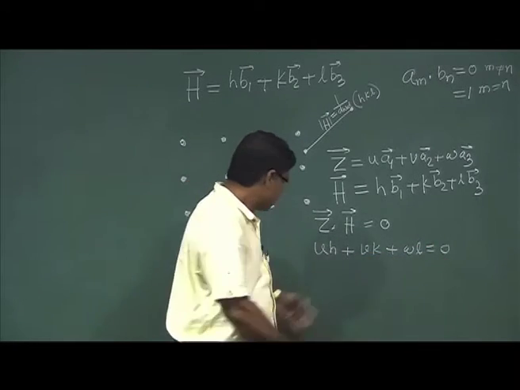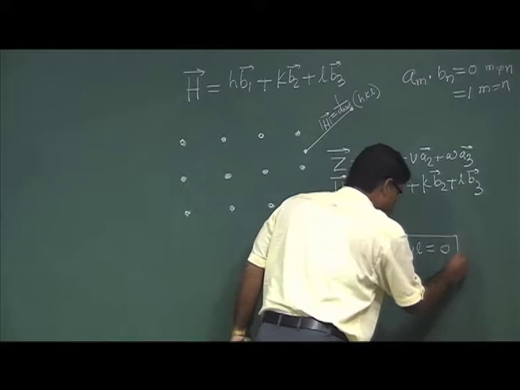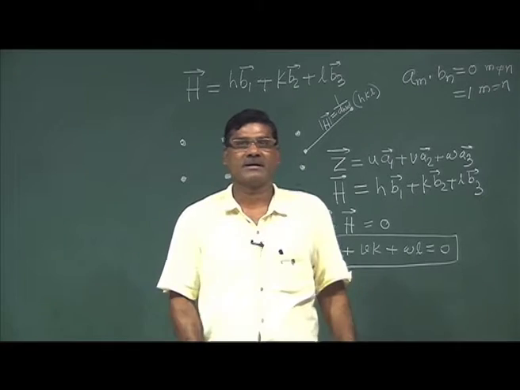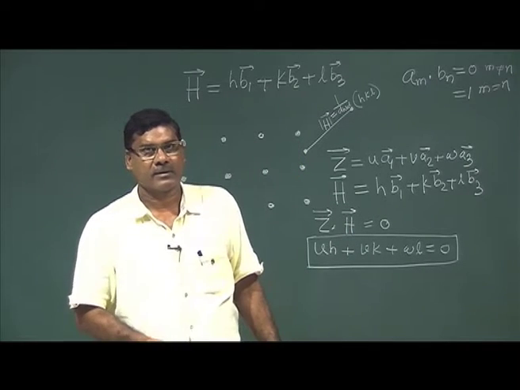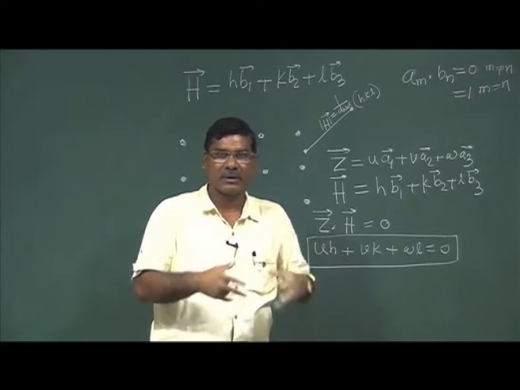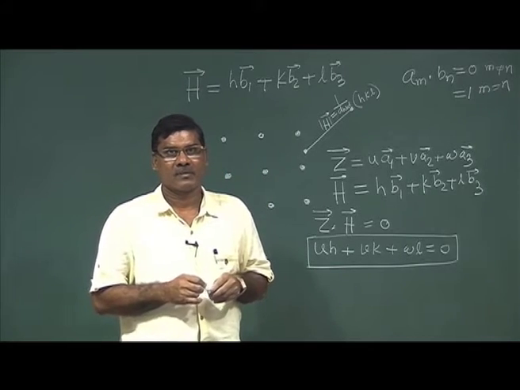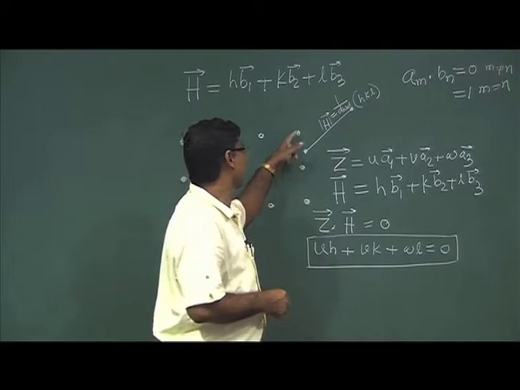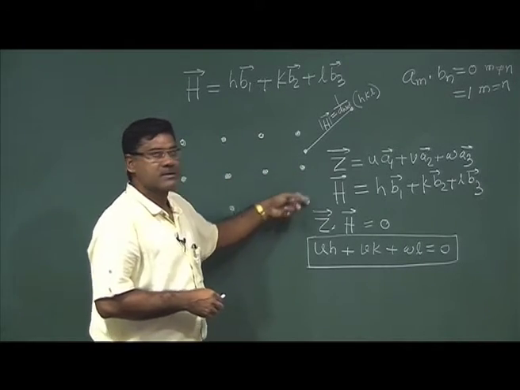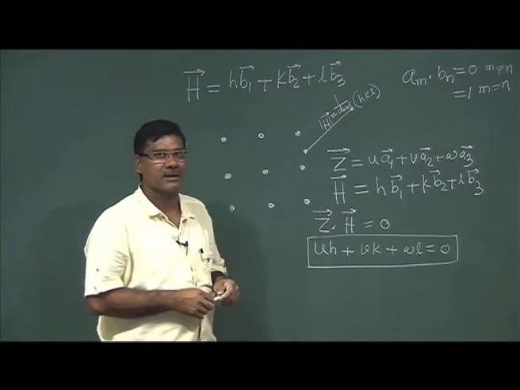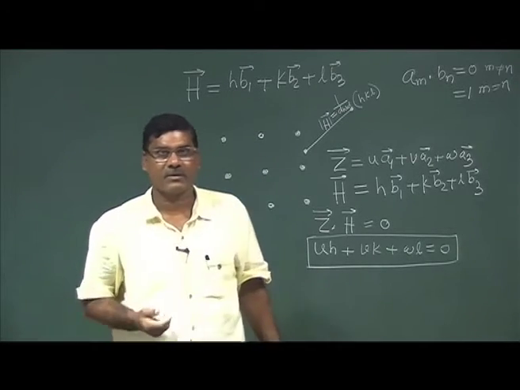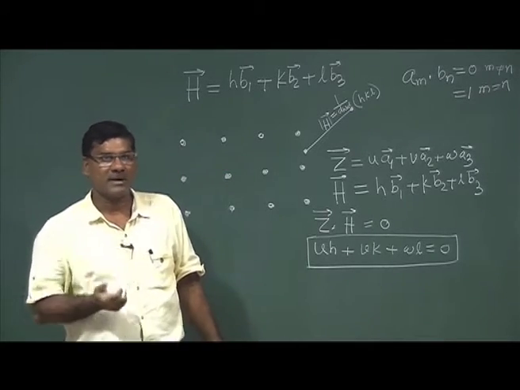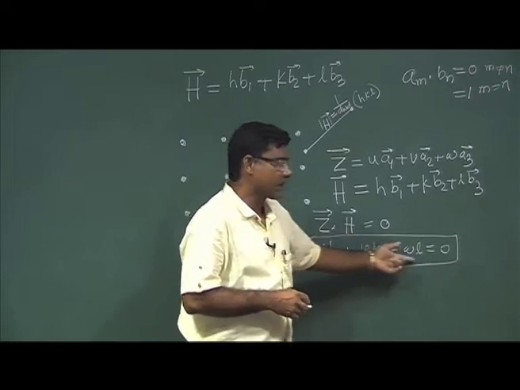This relation is very useful for indexing the planes, for identifying the planes: what are the Miller indices of a particular plane. There are many planes, right? We have to identify them and give them values of Miller indices. So, this relation helps.